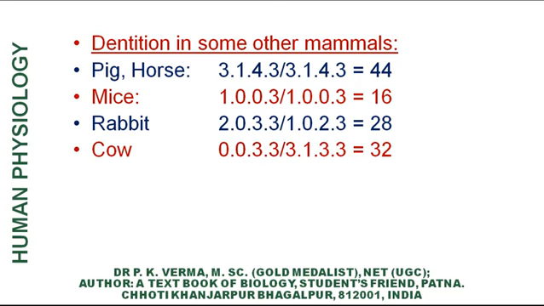Cow has 0033 by 3133, total 32 teeth. In the upper jaw, they have no incisor, no canine, but in the lower jaw, three pairs of incisors, one pair of canine, as well as three pairs of premolar and molar are present.